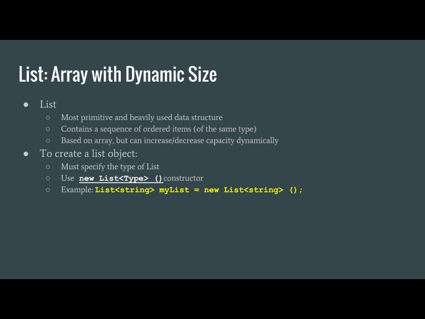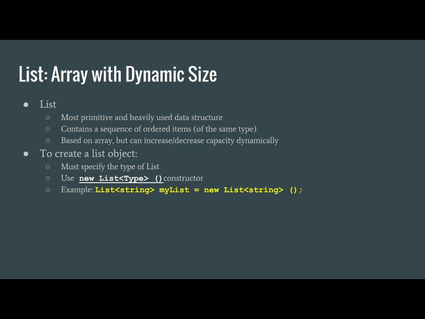To create a list object, we need to specify the type of the list that we want to use. This constructor is a little bit different from what we had before. Before, we just said new StreamReader or new int[] for arrays or stream readers. This one, we need to not only specify that we're creating a list, we also need to give a type in this bracket. Carets, okay, thank you.